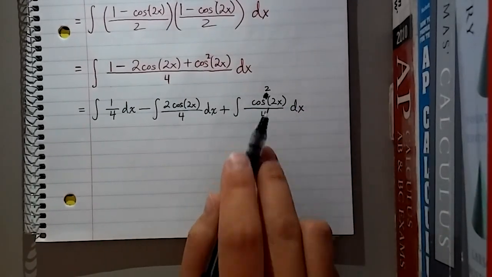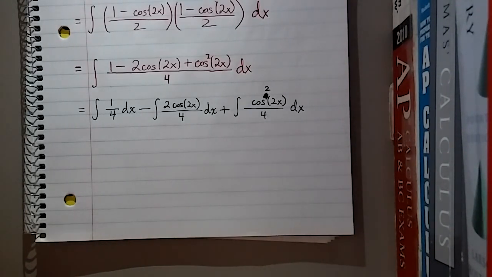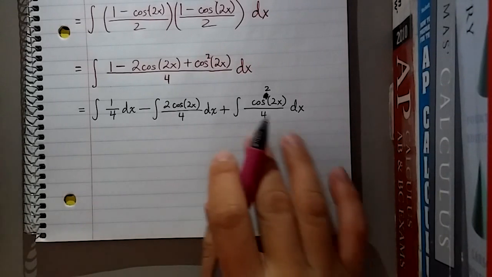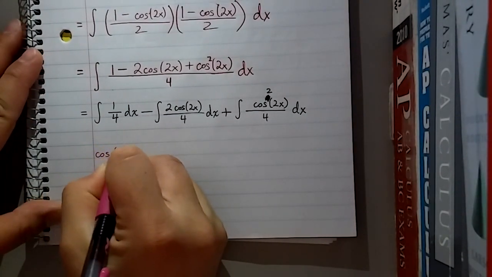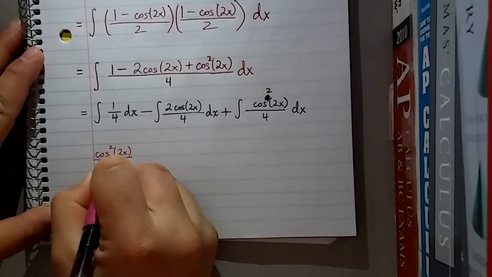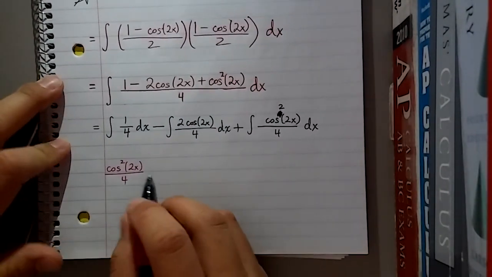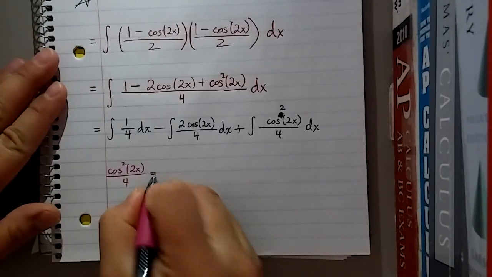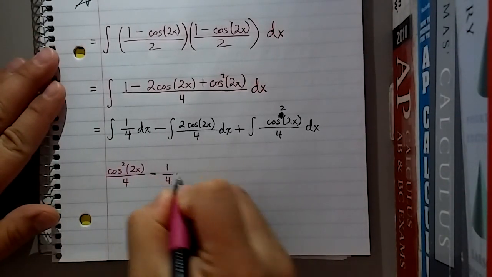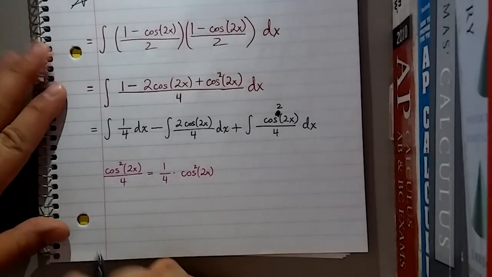Now that is not going to be easy, so we're going to just focus on this one right now. Cosine 2x squared all over 4. Well, what in the world can I do here? This is simply 1 over 4 times cosine 2x squared.